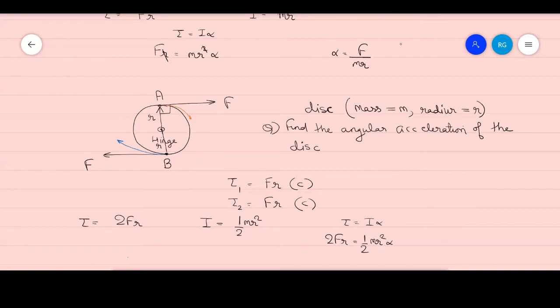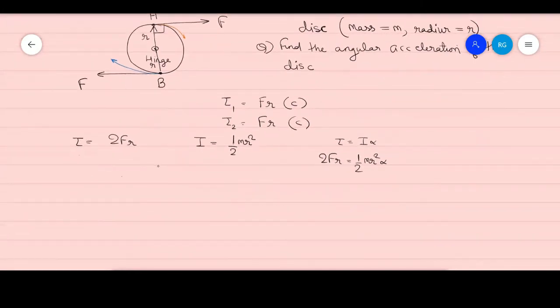Now if I try to solve it, one r gets cancelled with r. So the angular acceleration in this case will be 4F upon mr.